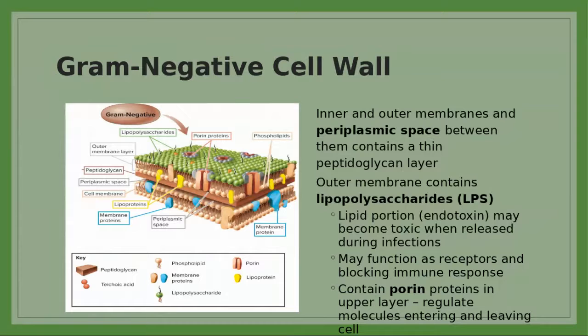The gram-negative bacteria, if you see, has a very thin cell wall, and this cell wall is located between the cell membrane and another layer on the top. This is the cell wall, the peptidoglycan, which is really, really thin compared to the gram-positive bacteria. And of course, this is the cell membrane.